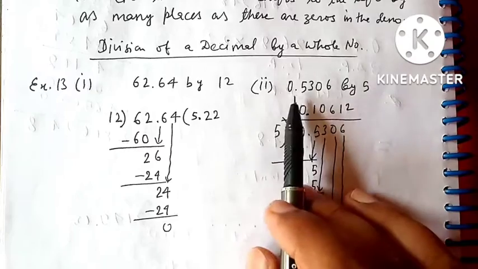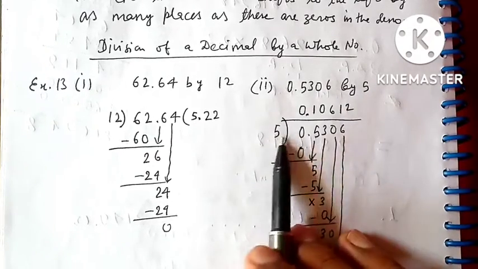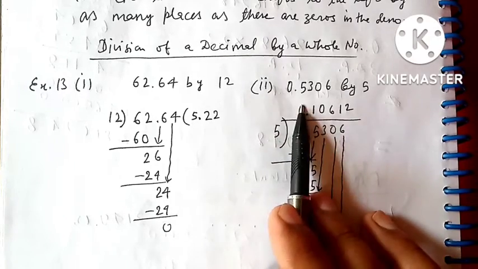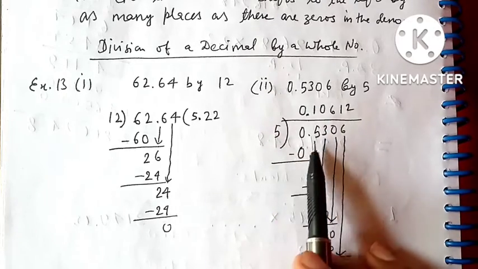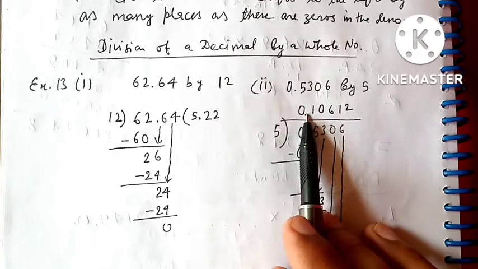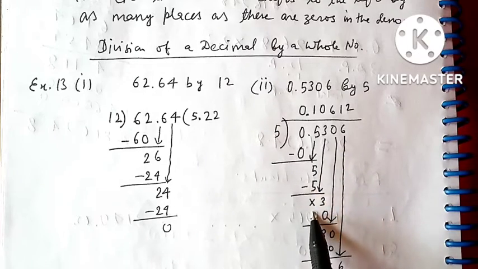Now you have to divide 0.5306 by 5. So write down 0 here. 5 zeros are 0. Now you have to take a number from the decimal part, so put the decimal in the quotient, and 5 ones are 5. Now subtract.